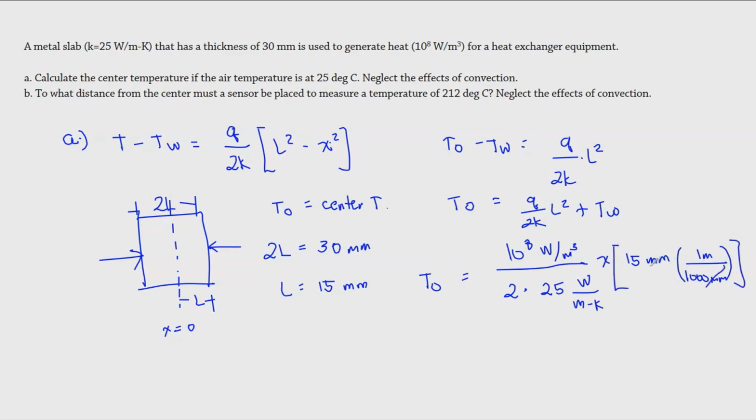So what we get here is in meters, and then we need to square it. Then we add the surrounding temperature, which is our TW, and it says in the problem that it is 25 degrees Celsius.